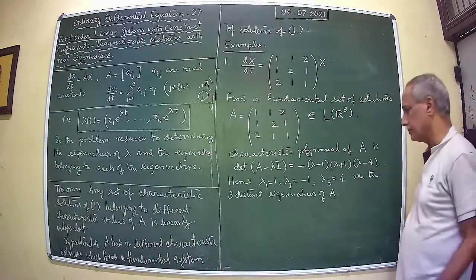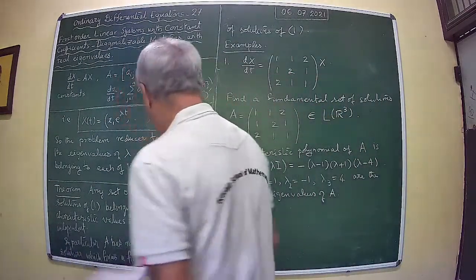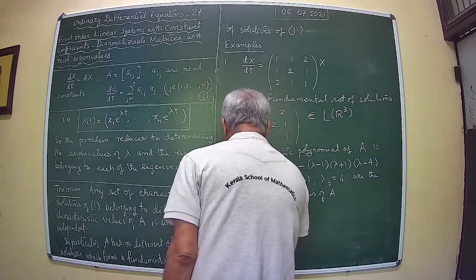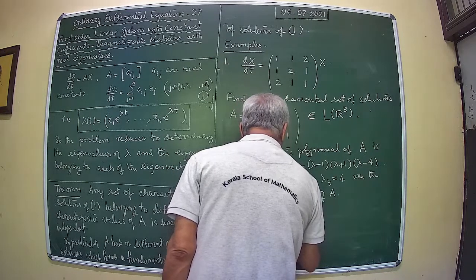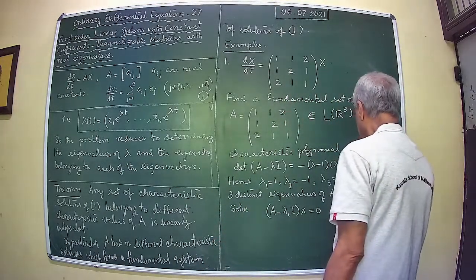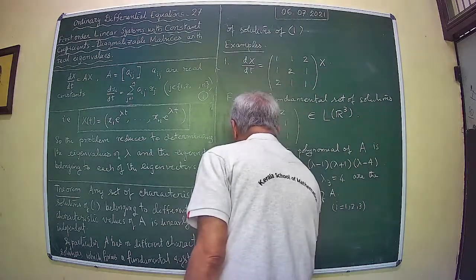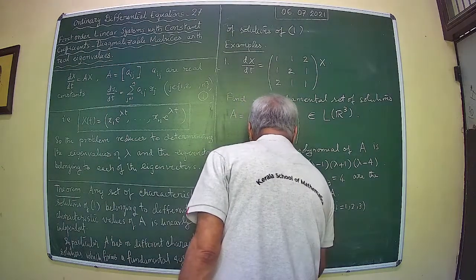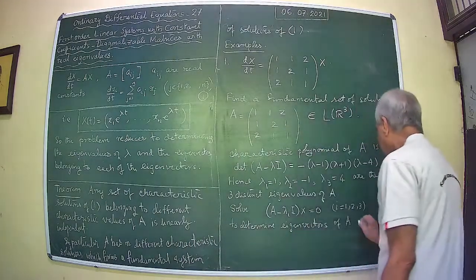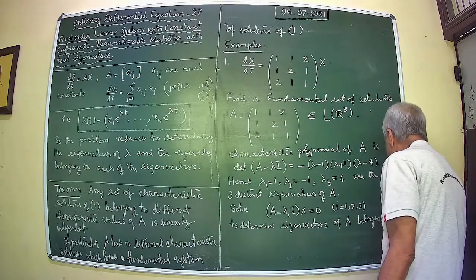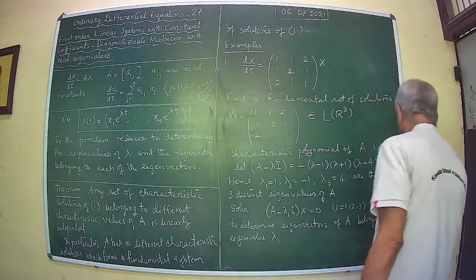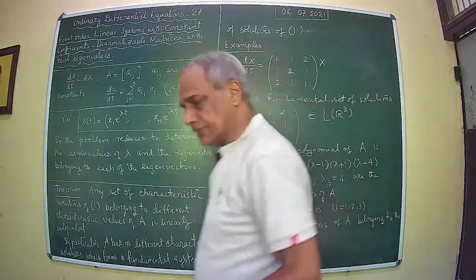We now determine the eigenvectors. One can easily solve this equation: solve A minus lambda I i times x equal to 0 for i equal to 1, 2, 3 to determine eigenvectors of A belonging to eigenvalue lambda i. So if you do that, this is what you end up with.